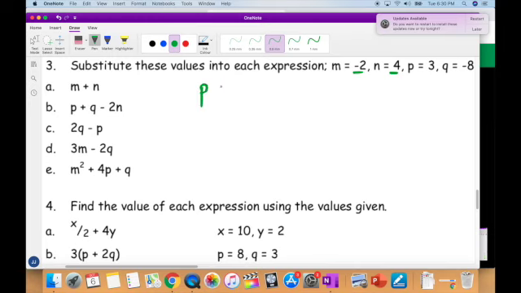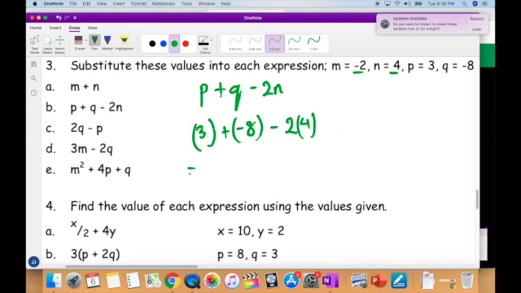Next, p plus q minus 2n. Brackets 3 plus minus 8, 2 minus brackets 4.